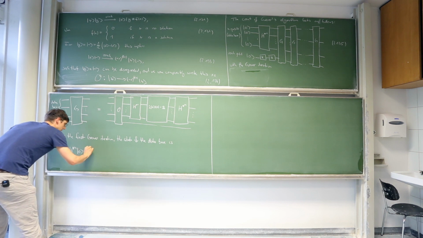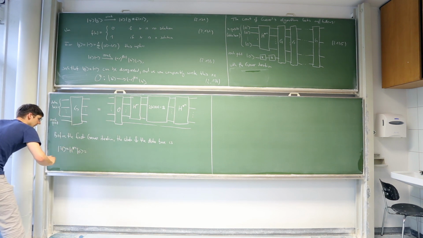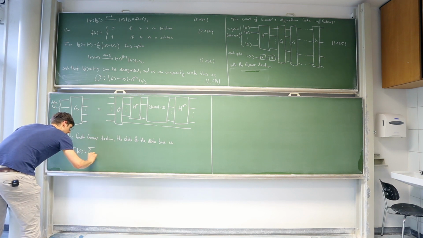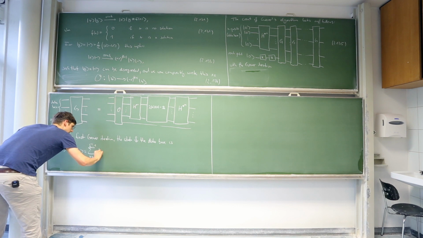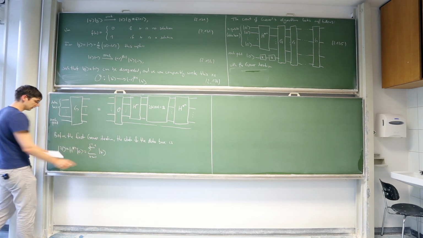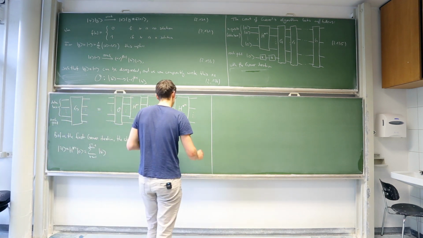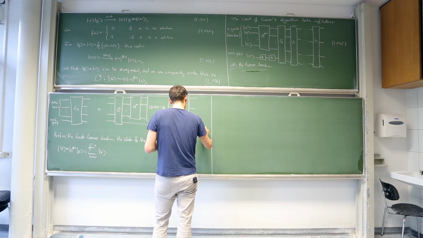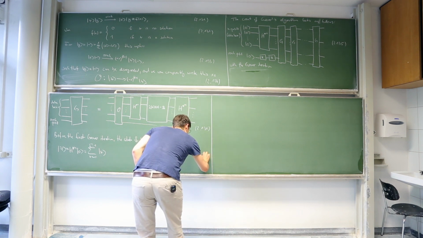Let's call this psi, and this we know is the sum over all x from 0 to 2 to the n minus 1 of x. So it's a coherent superposition of all states that we have. I forgot to give a number. It's 2.136, and this is 2.137.